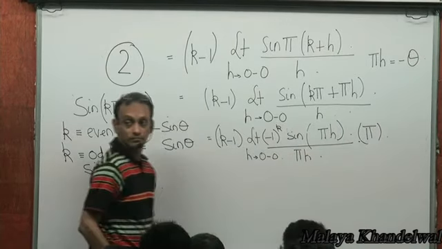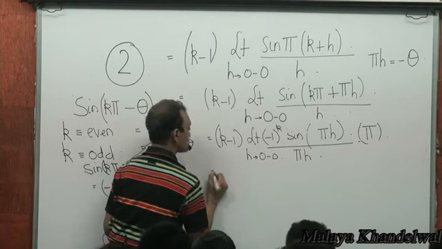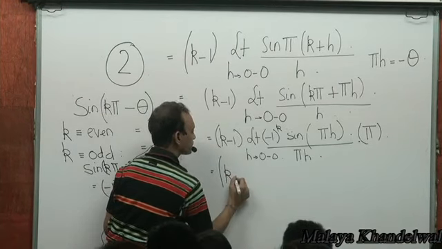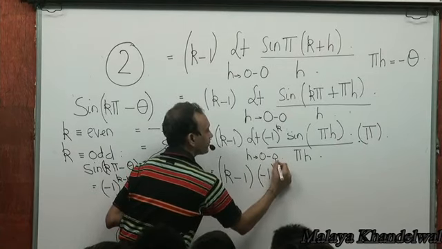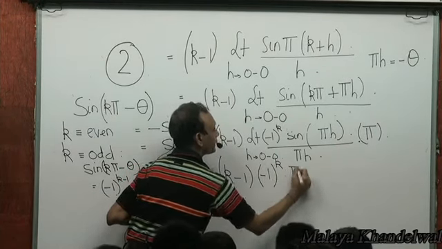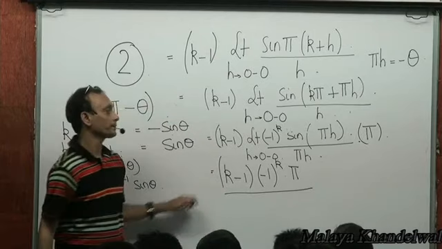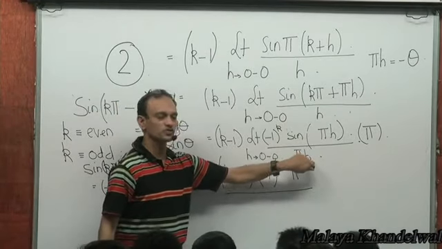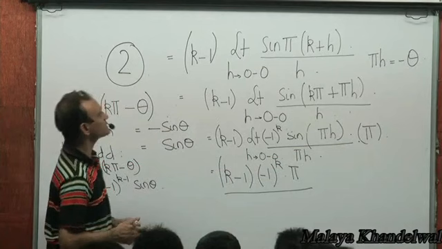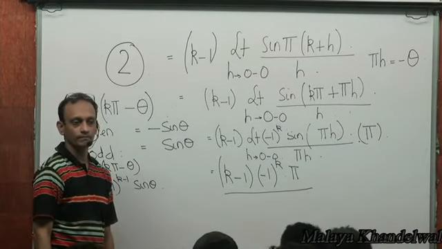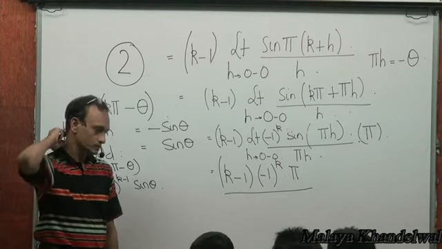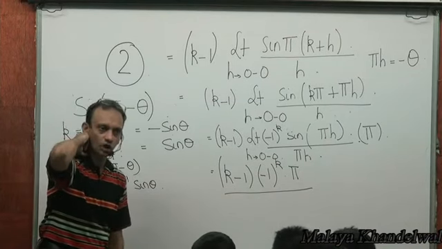So this is minus 1 to power K into pi. That's the left hand derivative at x equal to K. Make sense to all of you, right?